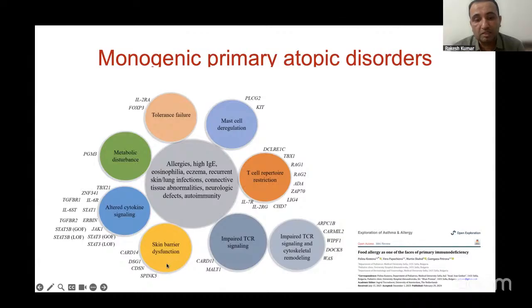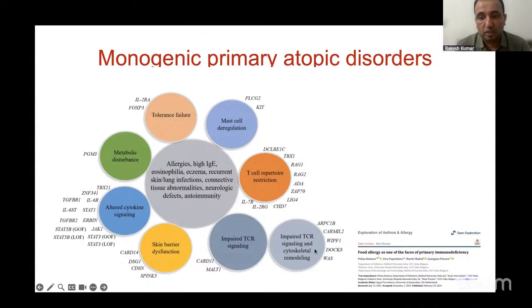Skin barrier dysfunction can be associated, like CARD14 defects or DSG1 defects, while impaired TCR signaling is seen in CBMopathies like CARD11 and MALT1 defects. They can also have impaired T cell receptor signaling and cytoskeleton remodeling, typically the actinopathies like Wiskott-Aldrich syndrome and DOCK8 deficiency.